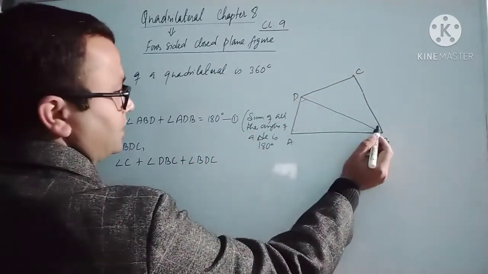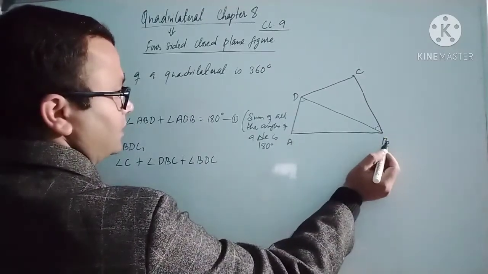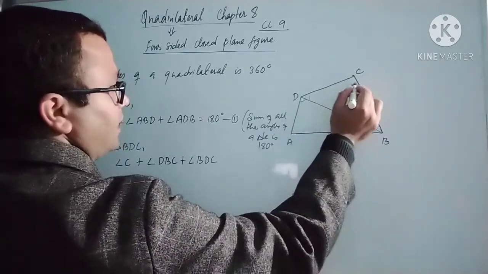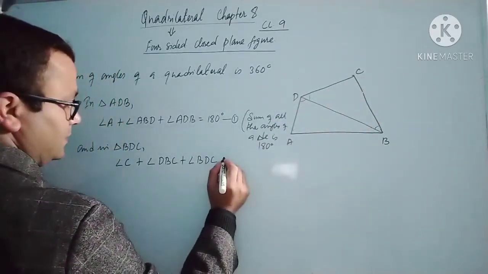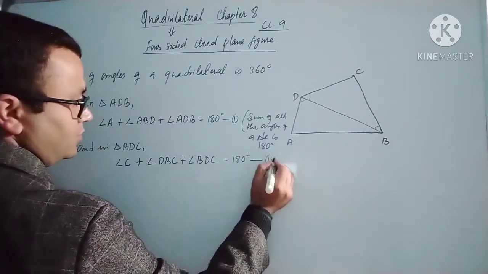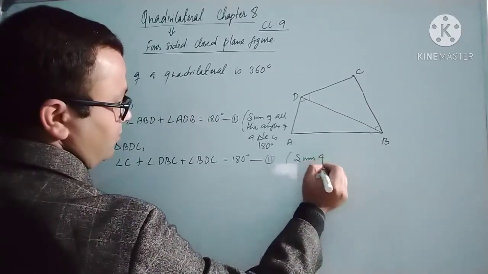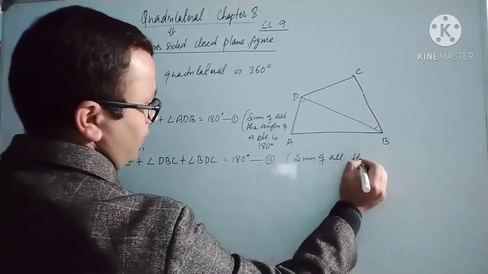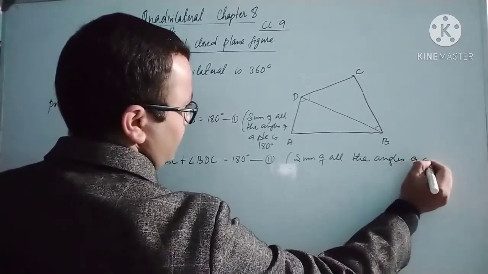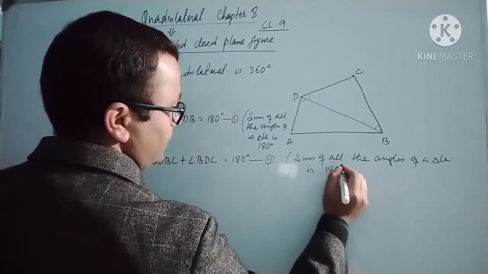BDC means this angle, DBC means this angle, plus this angle is 180 degrees. This is equation number 2. The reason is the same reason: sum of all the angles of a triangle is 180 degrees.